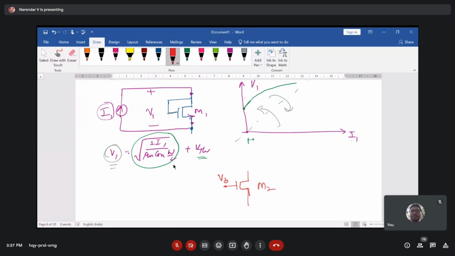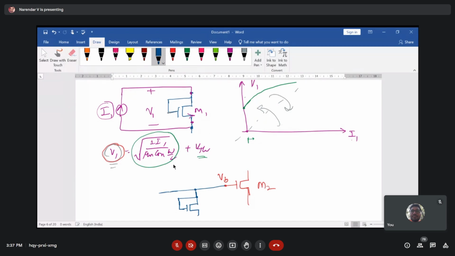Okay, and we made a certain arrangement, and we identify the value of the biasing voltage which is V1, right? So how have we made this V1? V1 is made with the help of a transistor which is acting as a diode connected load, a diode connected MOS transistor, and it is biased with a current source.